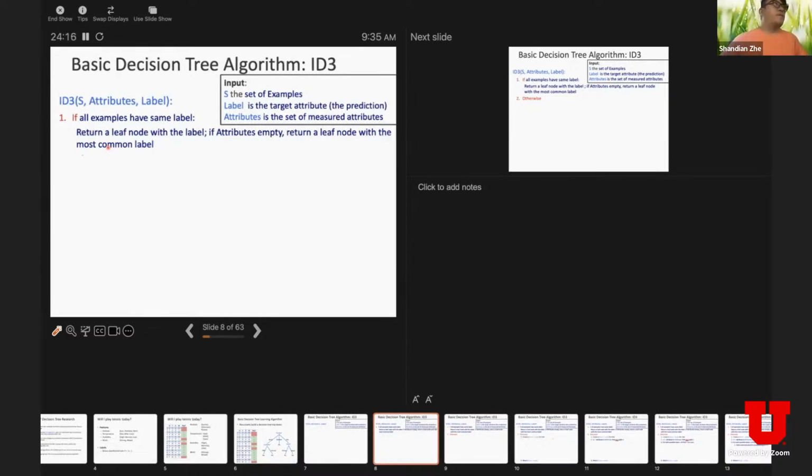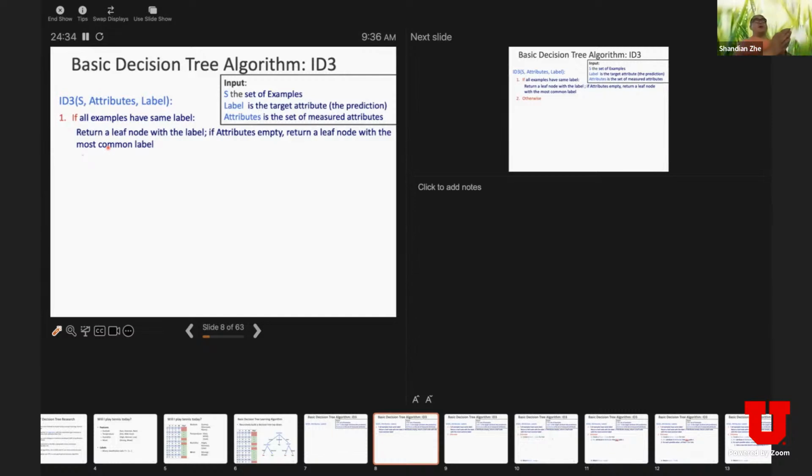Say if attributes are empty, is that meaning that there are... I'm not saying the examples don't have any attributes.